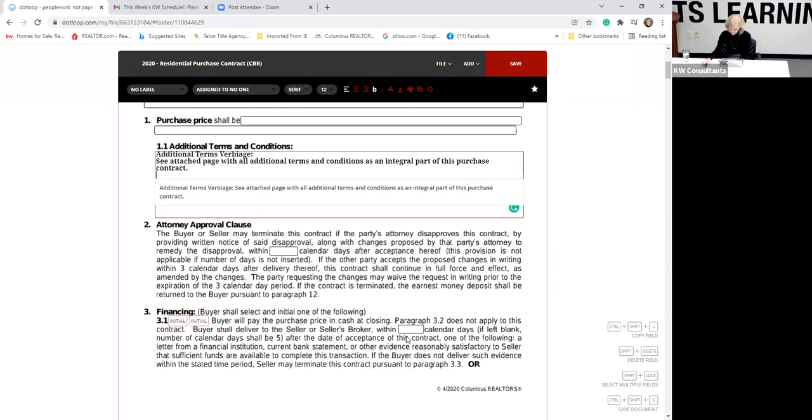Anything else that might be a real contingency that's not pre-written into the contract, go ahead and put it in. You're not going to say it's contingent upon obtaining FHA financing because you already have that in the contract.